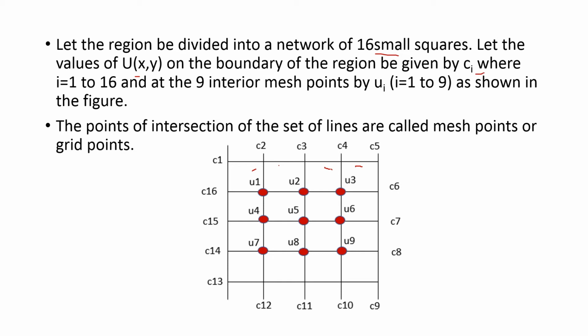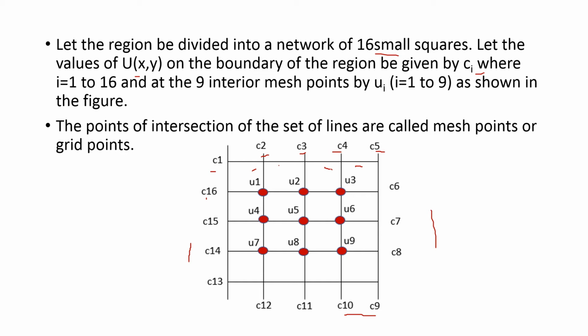Let the values of u(x, y) on the boundary of the region be given by Ci, where i is equal to 1 to 16. That is C1, C2, C3 up to C16. These are the values on the boundary region. At the interior, 9 mesh points are there, which I have marked with red circles.